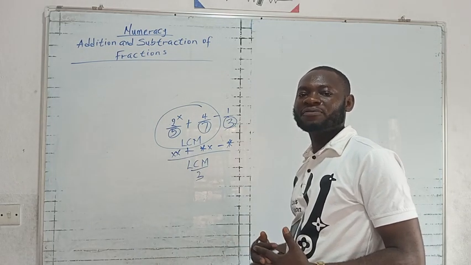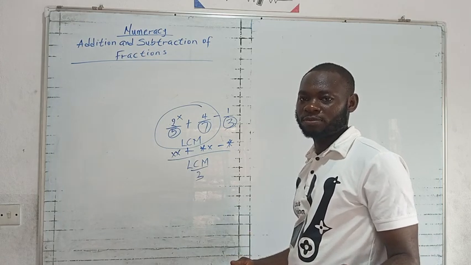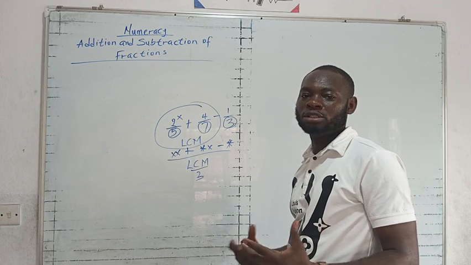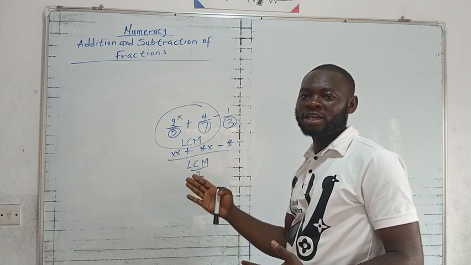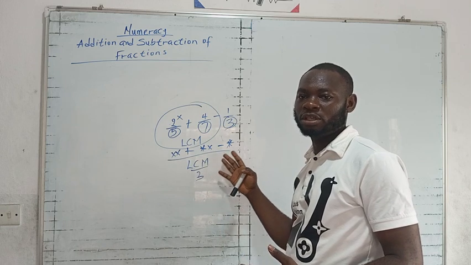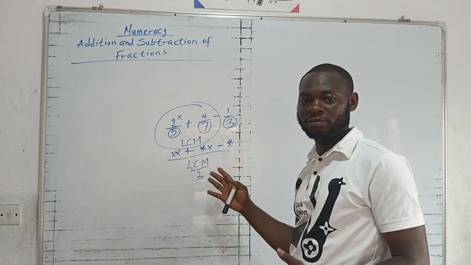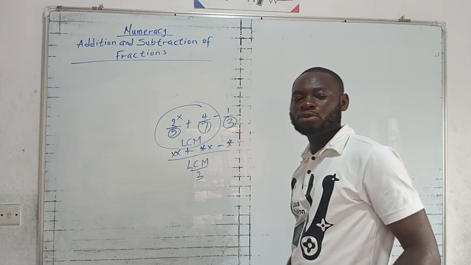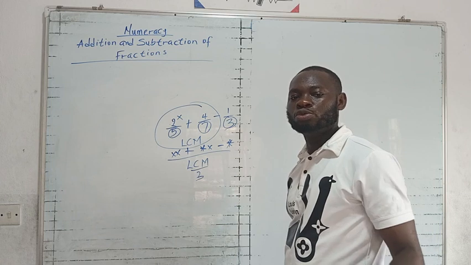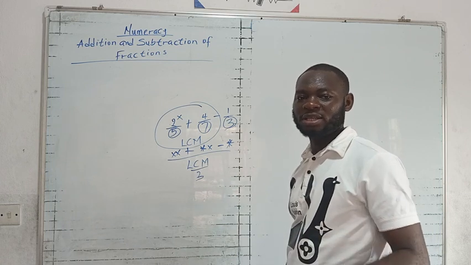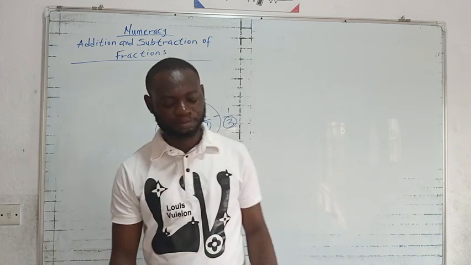In cases where the fraction is a mixed fraction, there are two approaches. You either add the whole numbers of the mixed fractions, then find the LCM of the proper fractions attached to each of them, or you simply change the mixed fractions to improper fractions, find their LCM, and find your final answer.